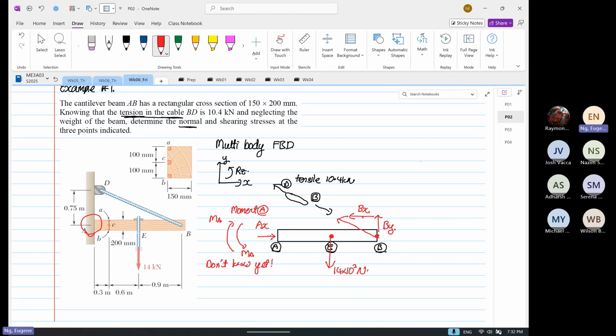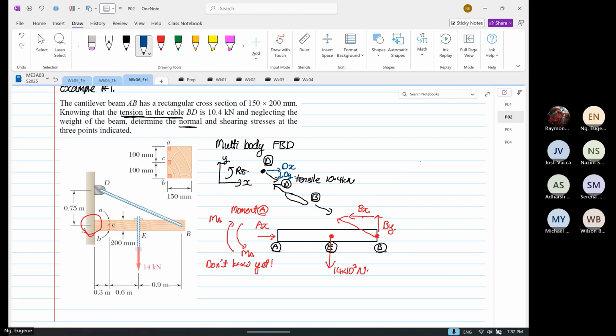Okay. Now, if we were to look at point D, we know that we have a force coming down this way, right? And we are also aware for the force to go down this way, we need to have a Dy, Dx, and over here we need to have our Dy, because the rope is under tension, and we are applying Newton's third law.